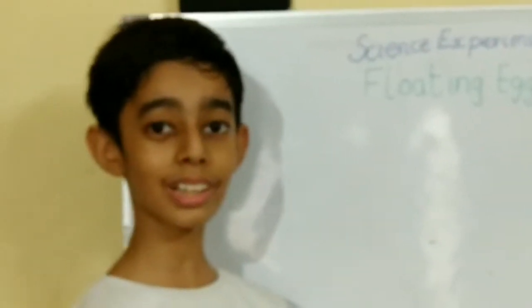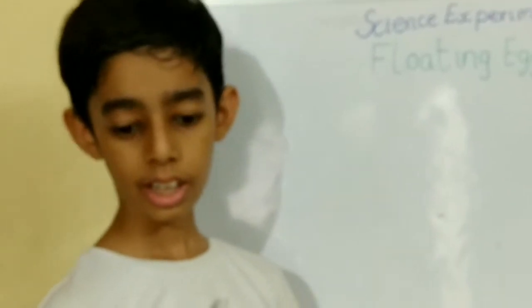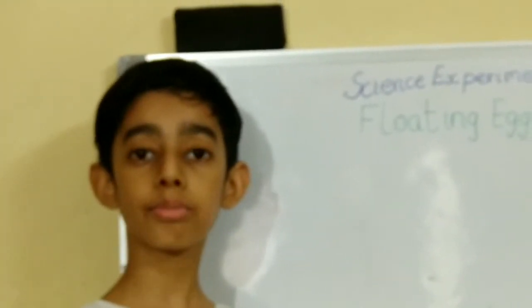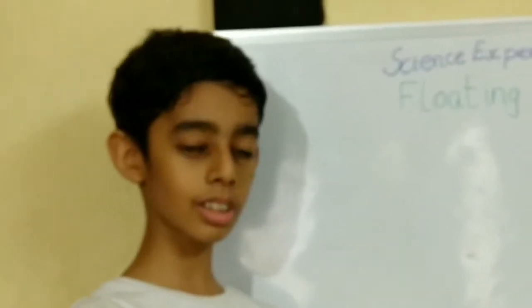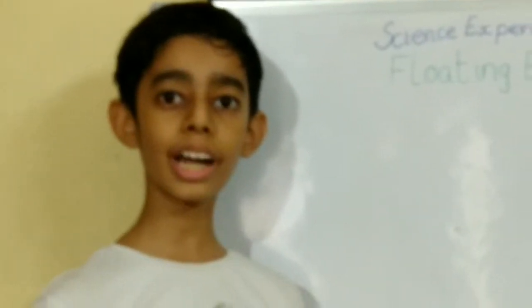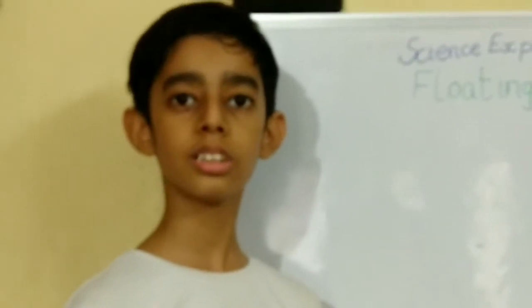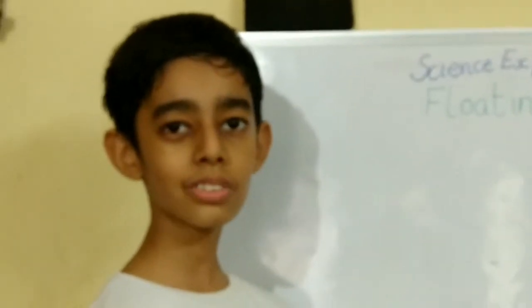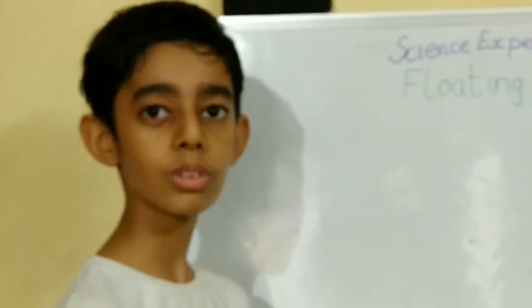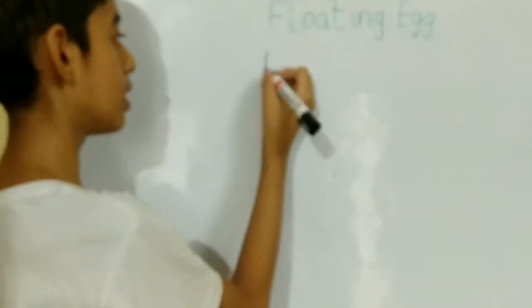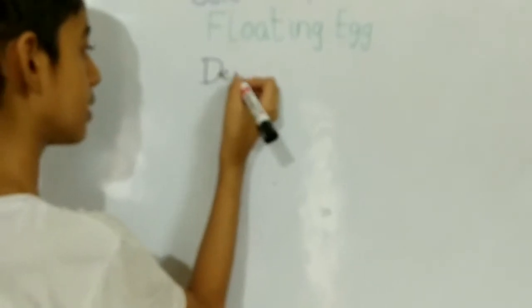Okay guys, now I have my whiteboard, so let's get started. At first, why does the egg float in salt water, and why does it sink in fresh water? It's due to a physical quantity called density.